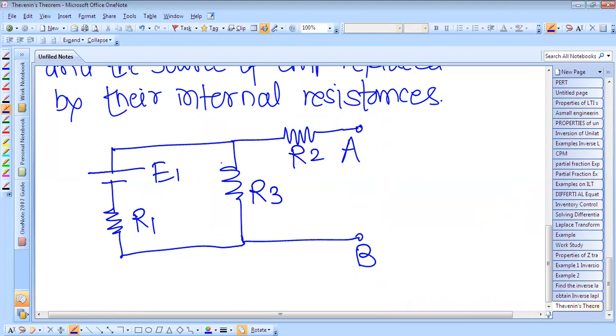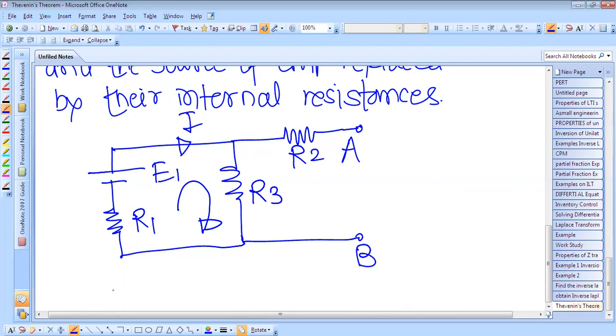So now the current flowing because of this EMF source E1 will be like this. Suppose the current is I, and this current will flow only in this loop, because there is no current flowing through this, as this is an open terminal. So the current will always complete the loop and flow only through this loop.